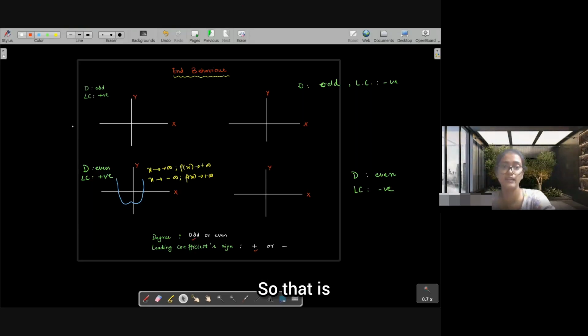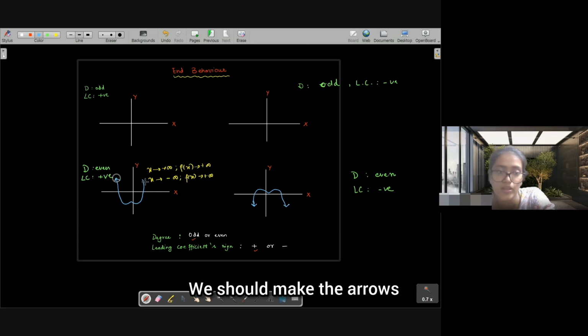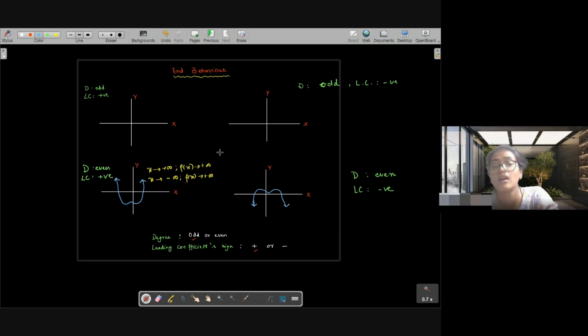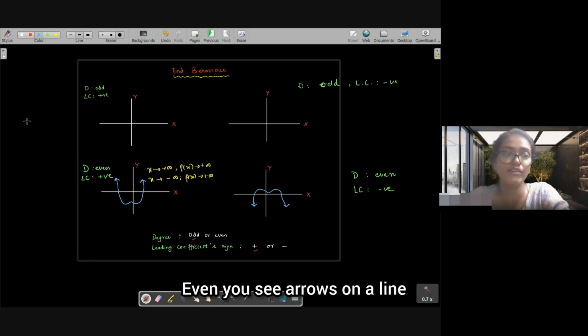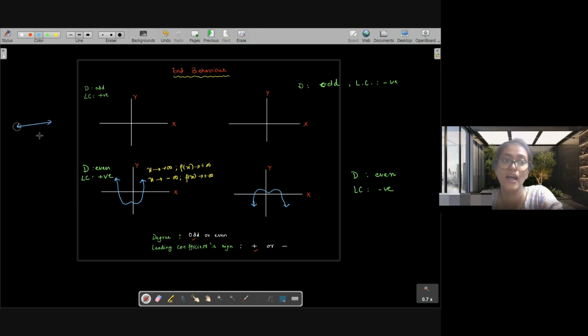So that is the fourth case. The graph will flip and we should make the arrows. Arrows mean that the graph is going up or down infinitely. Even on a line you see arrows. That's the difference between a line and a line segment.